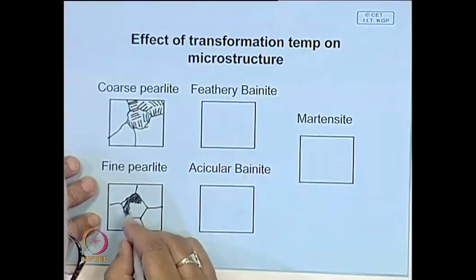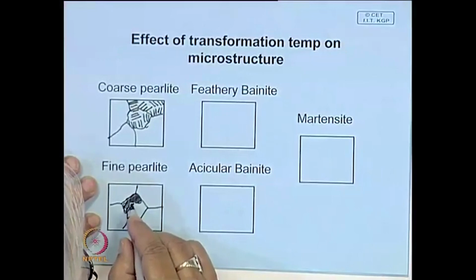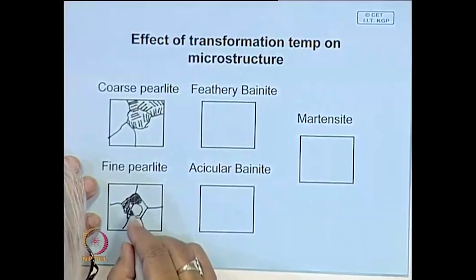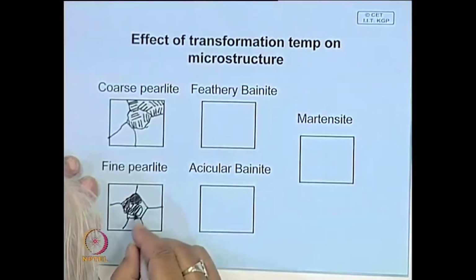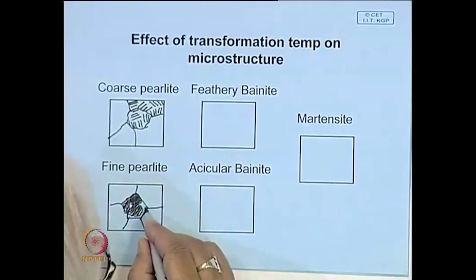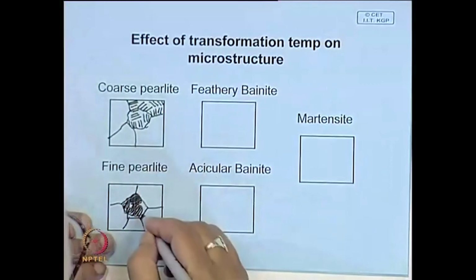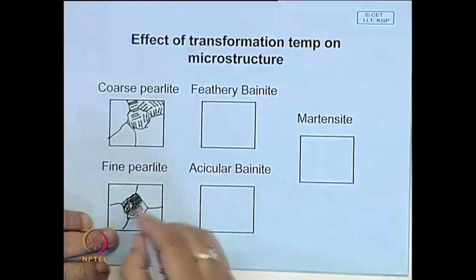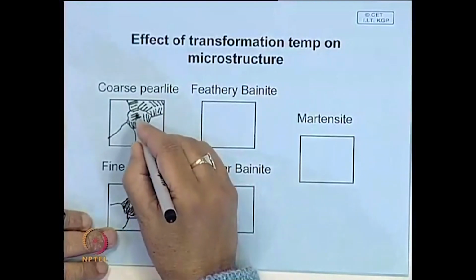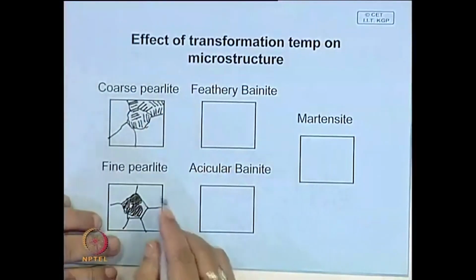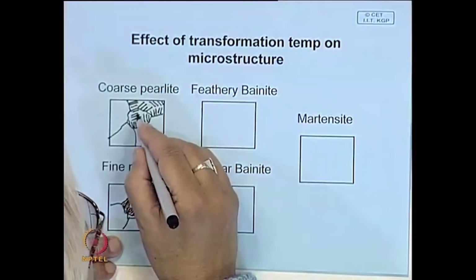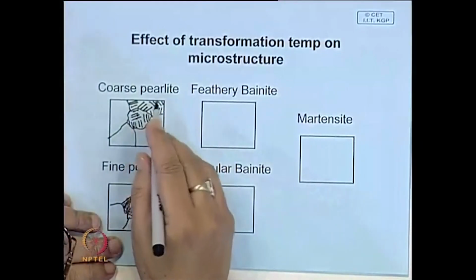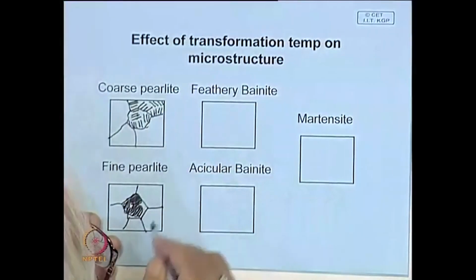If you look under a high magnification electron microscope, they will resolve and show this type of lamellar structure. Essentially they are made up of exactly similar lamellar structure, only the distance between the plates is very small, and they are so closely spaced that you can't see these plates clearly.